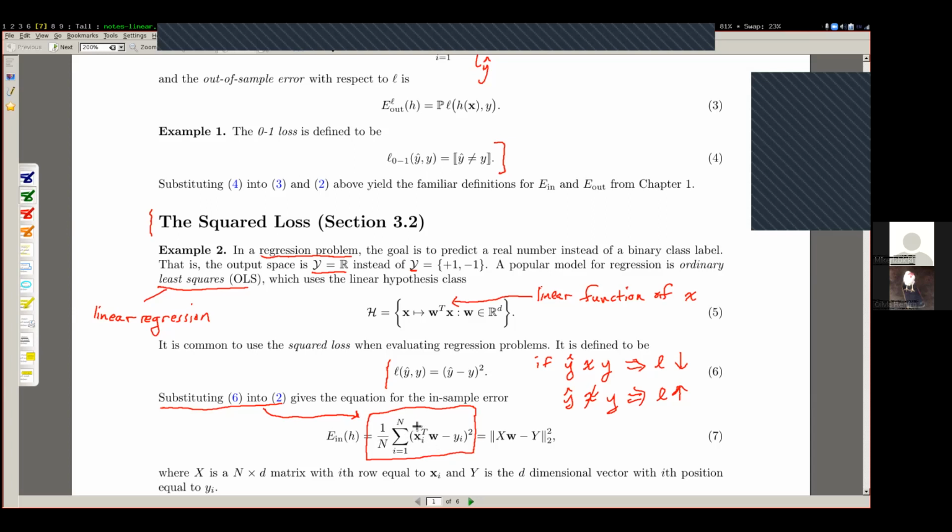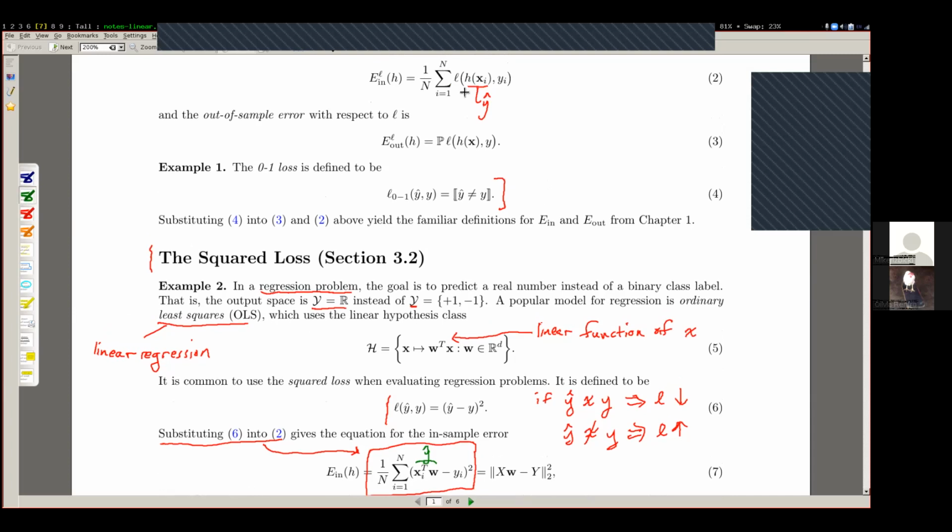Here, this part is our y hat, the thing that we are predicting. The y hat corresponds to this xi transpose w, and the yi corresponds to this y right here. And all this summation stuff comes from equation 2 right above.